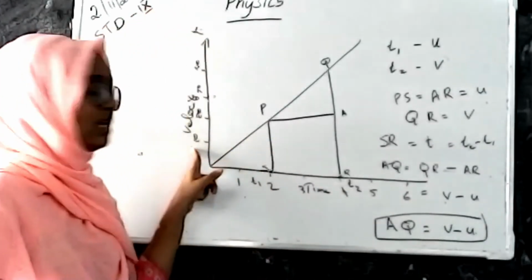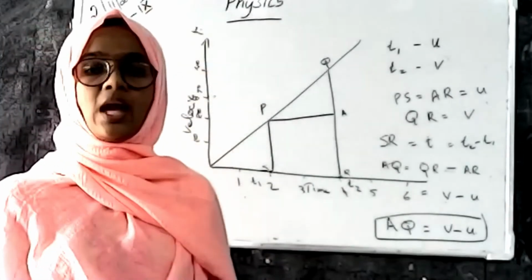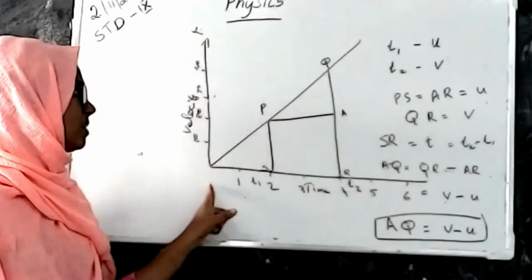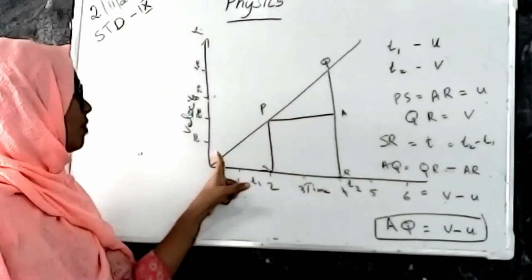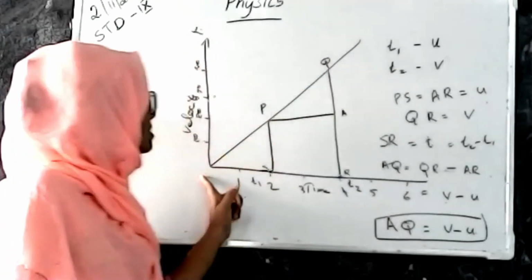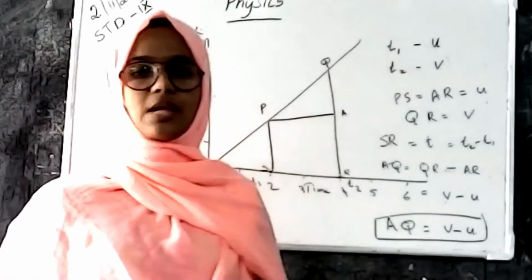So the y-axis is 10, 20, 30, 40, etc. And we have some values based on the velocity time relation, and based on that relation, we got a straight line from 0 to 6.